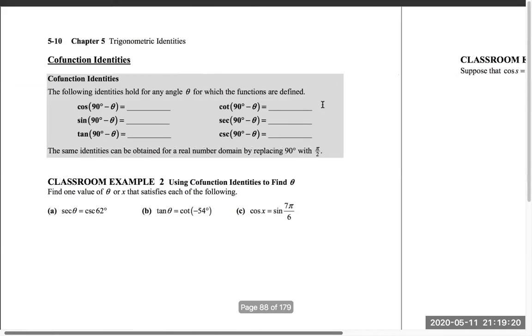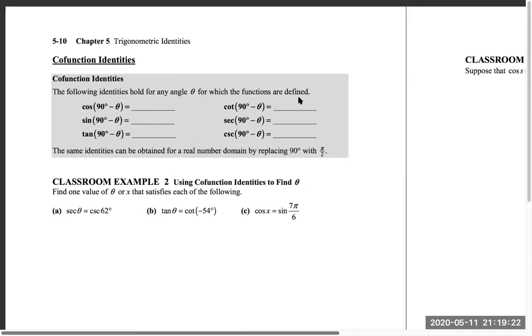There we go. Okay, the cofunction stuff, I'm not asking you anything specific about this on your quiz or exam. We've already gone through this in a previous chapter. Essentially, for cosine, its cofunction is sine. That just means that sine theta is equal to cosine of 90 degrees minus theta.